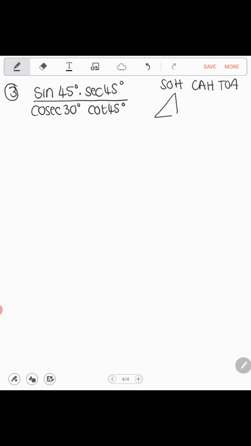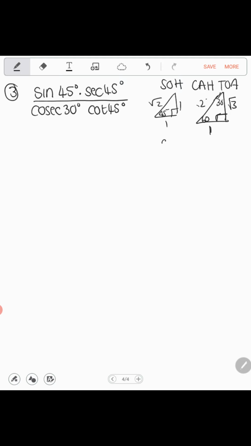You would write your special angle triangles. 1, 2, root 3, there's your 90-degree angle.